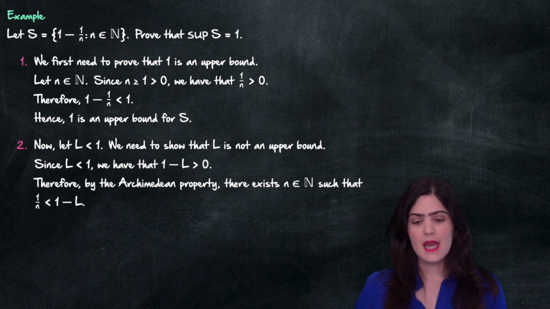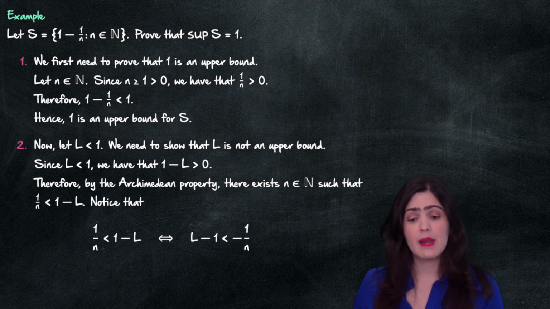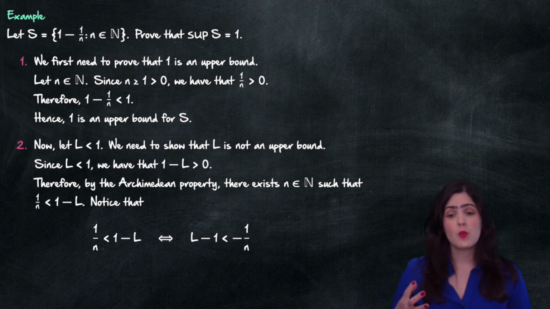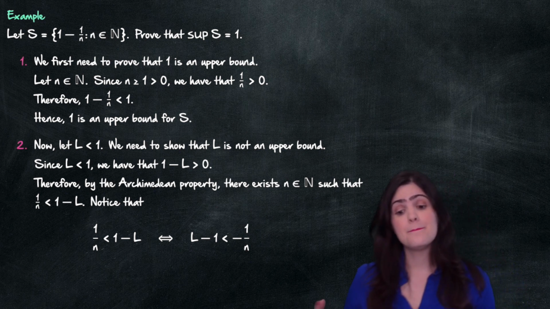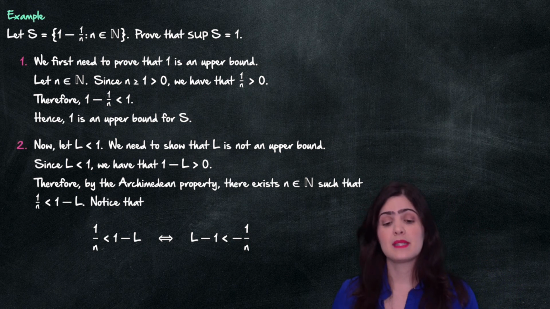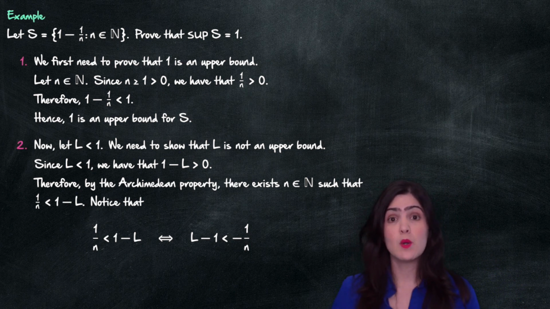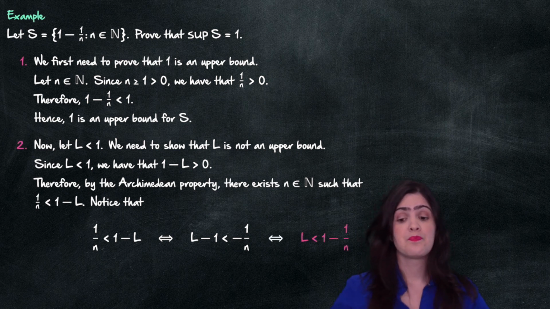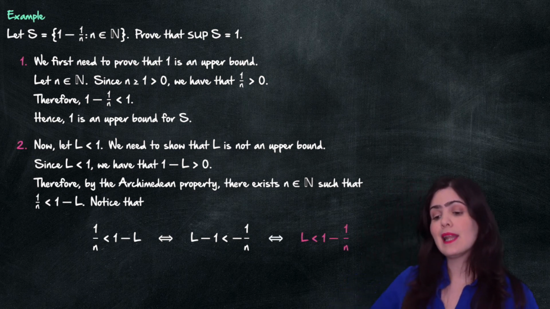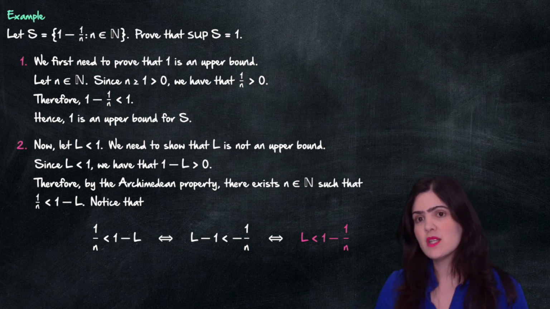Okay, but now if I know that 1 over n is less than 1 minus L, this is the same as saying that L minus 1 is less than minus 1 over n. But adding 1 on both sides, I end up with L strictly less than 1 minus 1 over n.